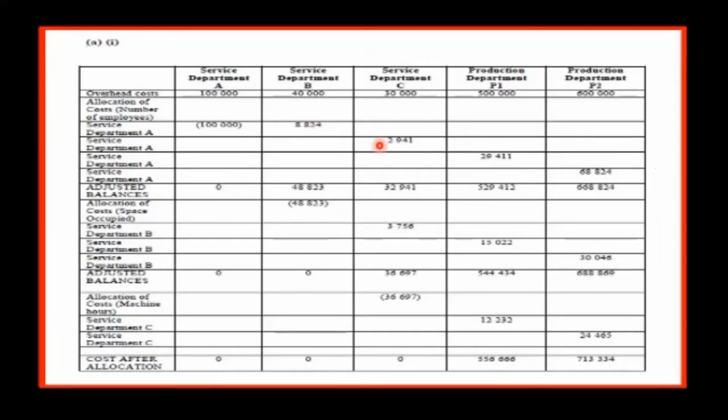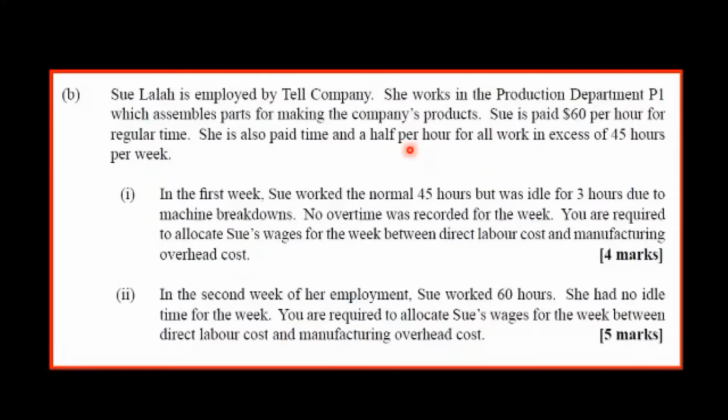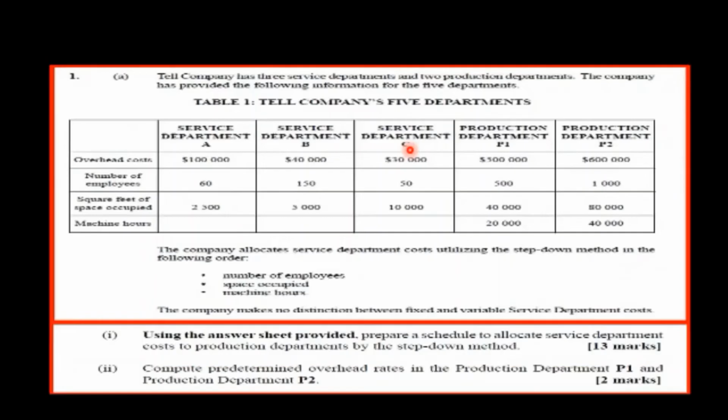Then we do the same thing with the next service department. The 150, put it over the 1,760, and we multiply it.